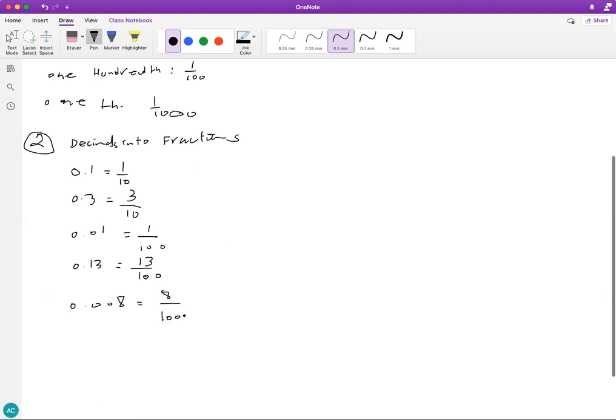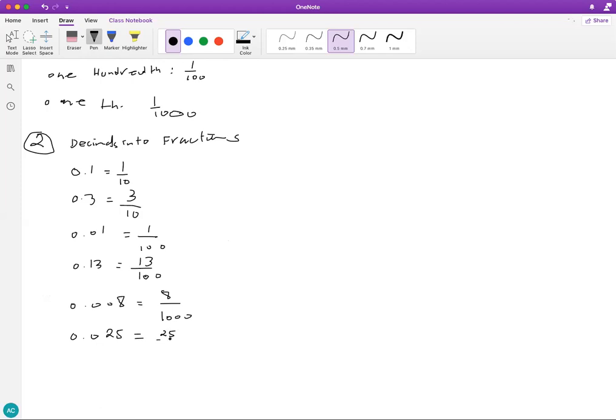Like this. One more, let's say 0.025. How do we read this decimal? 25 thousandths. Very good. As you can see, 1, 2, 3. So the highest decimal is the thousandths, so 25 thousandths.